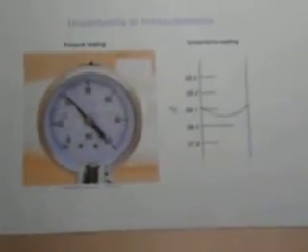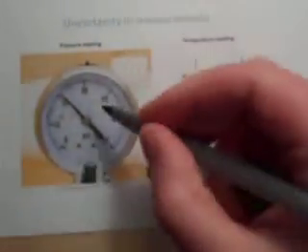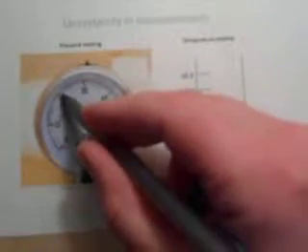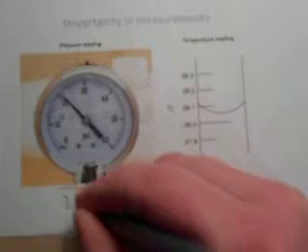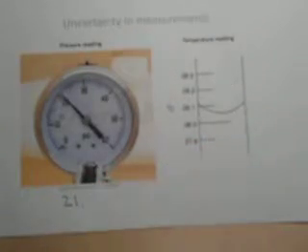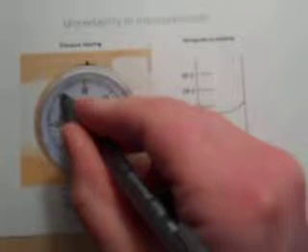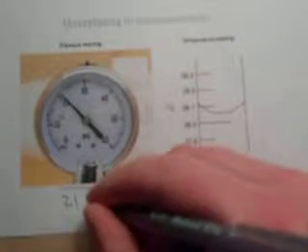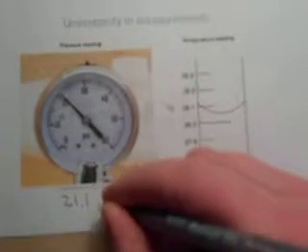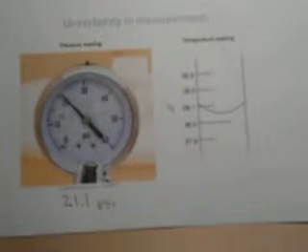Here we have a pressure gauge, and we can see for certain this goes to the nearest ones place, so it's definitely 21 point something. Those are certain. I'm going to say the needle is just past the 21, so we'll call it 21.1 pounds per square inch, with our one uncertain digit.